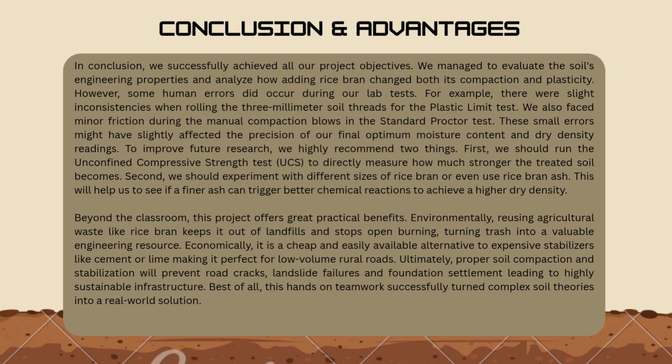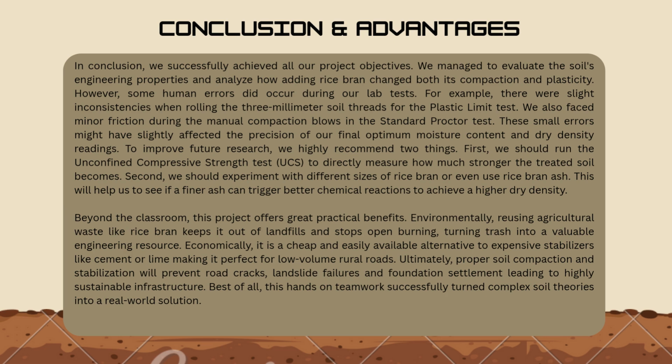In conclusion, we successfully achieved all our project objectives. We managed to evaluate the soil's engineering properties and analyze how adding rice bran changed both its compaction and plasticity. However, some human error did occur during our lab tests. For example, there were slight inconsistencies when rolling the 3 mm soil thread for the plastic limit test.